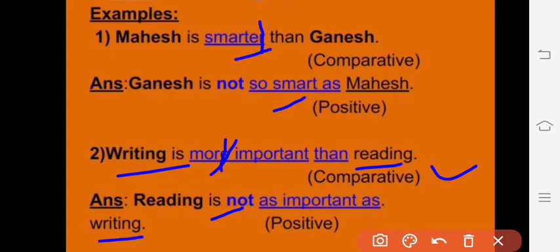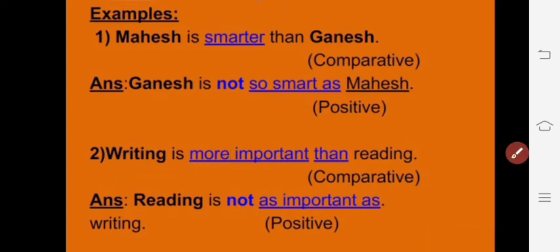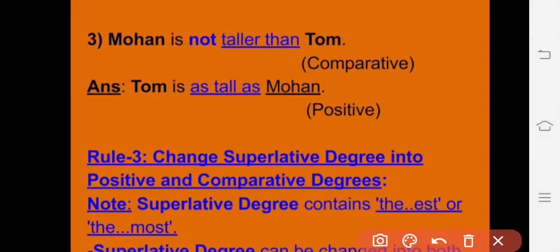In the same way, more important into only important, and apply as or so as. So the answer is like that, reading is not as important as or so important as writing. Now we go for another example, that is also of comparative degree. It contains a negative formation.